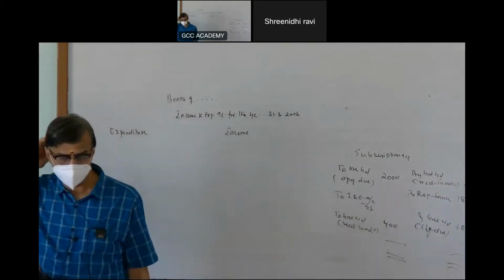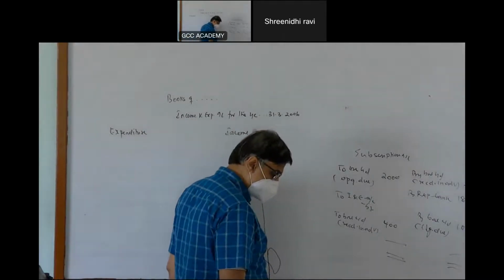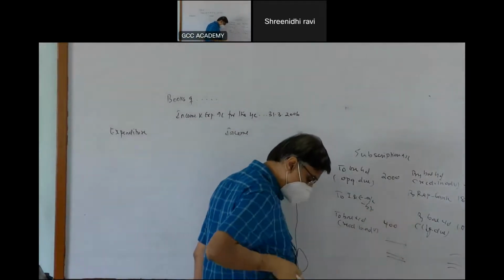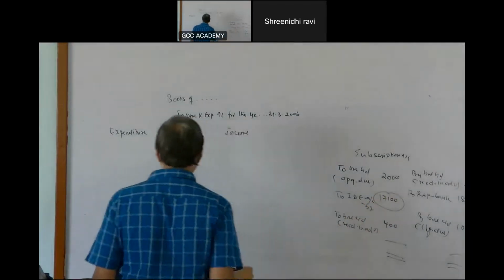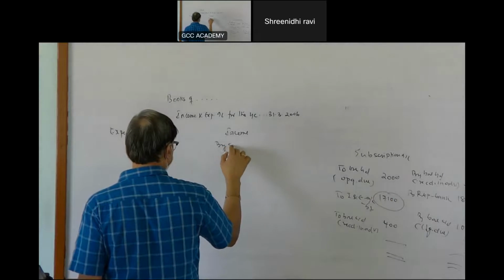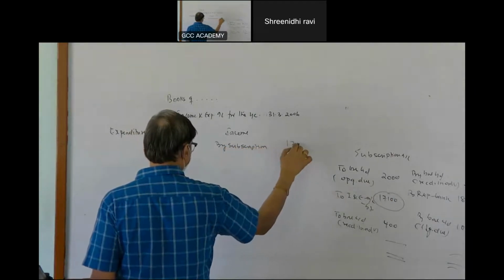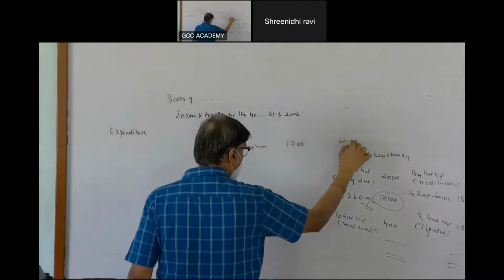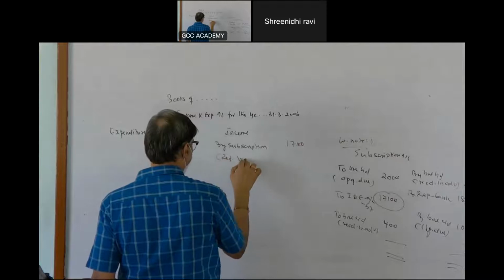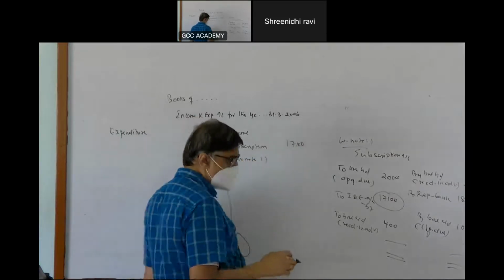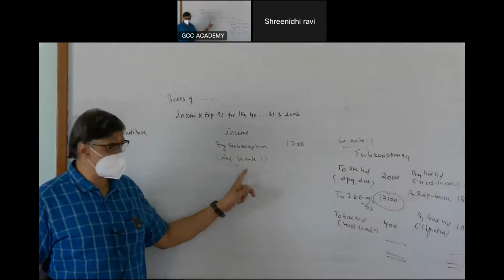Find the balancing figure, 1,700. Very good. So this is the amount for subscription. Refer to working note number 1.